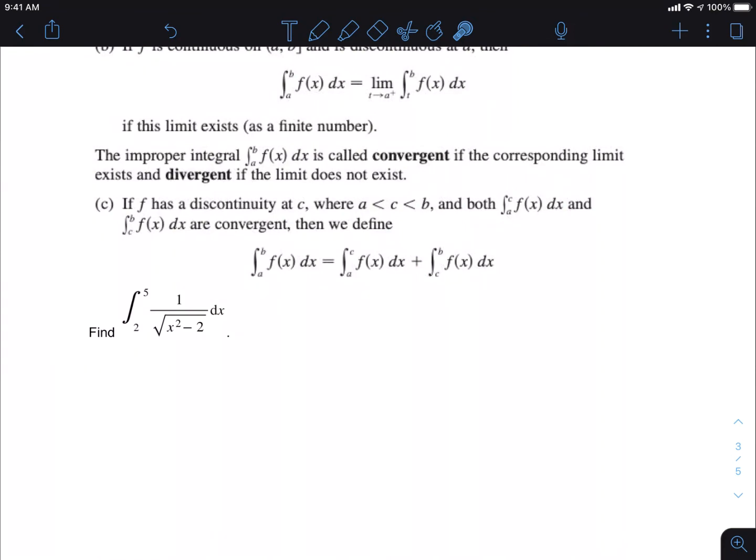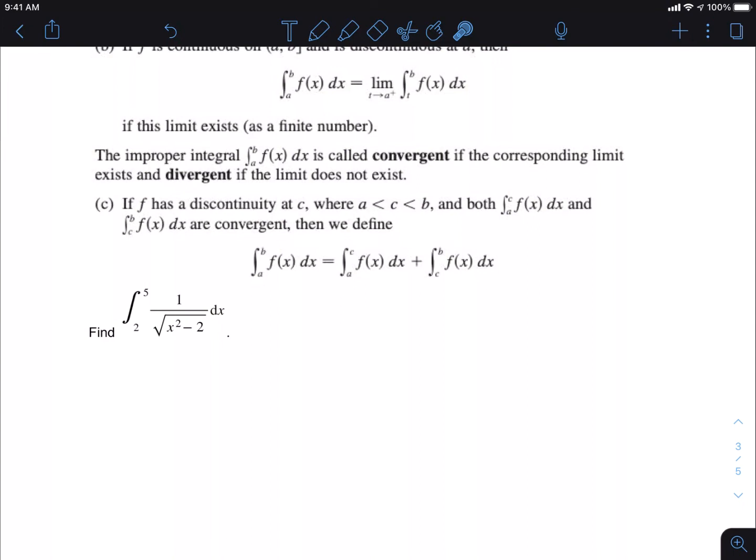Looking at this example, we're going to go from 2 to, let me make sure I have that right. I think it's not supposed to be squared. I think I messed up. Let me confirm this real quick.